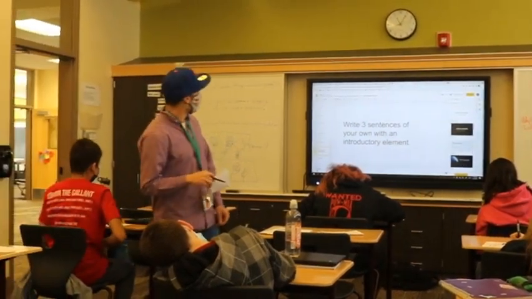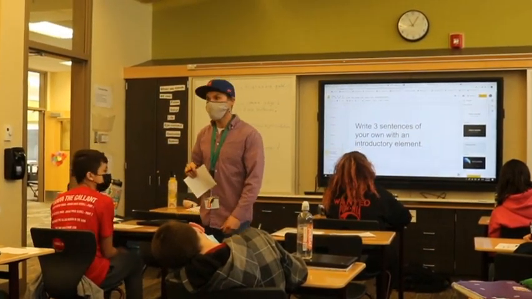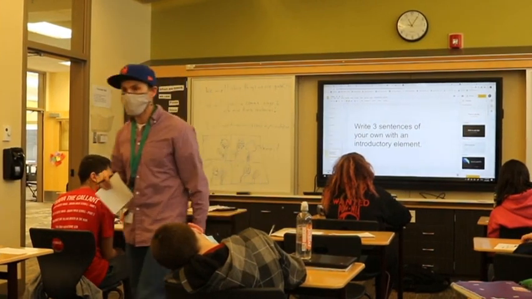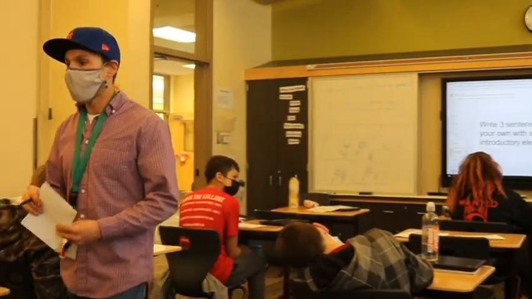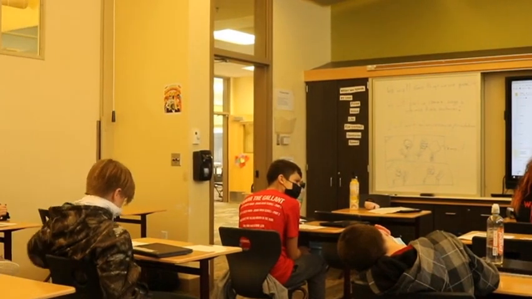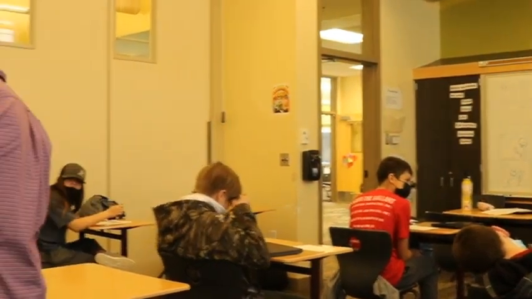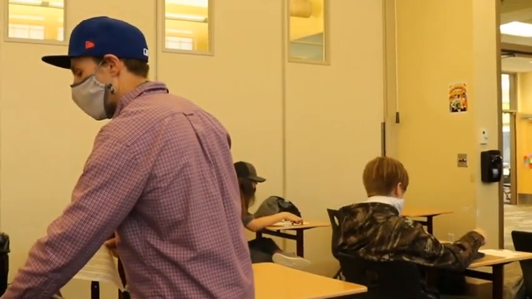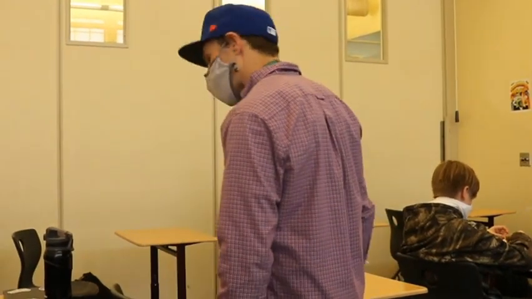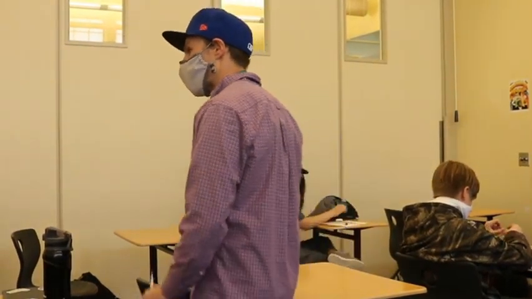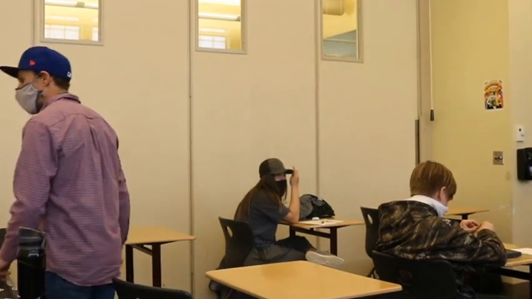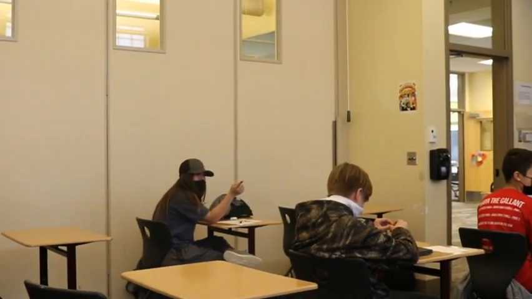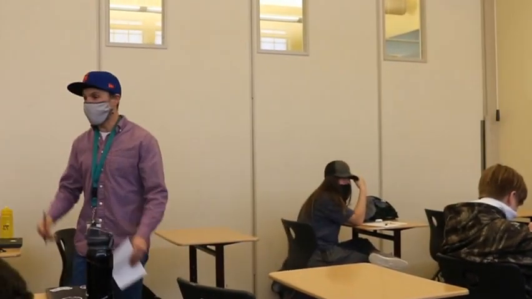I'm going to give us about 2 minutes to do this, maybe 3. What do you mean by introductory? An introductory element are different kinds that are on this sheet of paper. It's things that give you more information about the main clause or sentence to come. So, since Mr. Nichols was wearing a Mets hat, no one could see his bald spot.